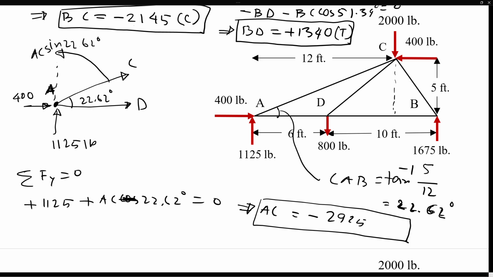Now originally we assumed the direction is from C in this way. However, we found negative, so the actual direction of the force is from C to A. So it's compressing point A, so it'll be in compression.